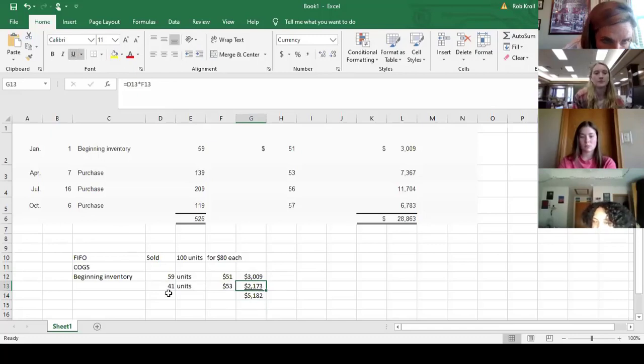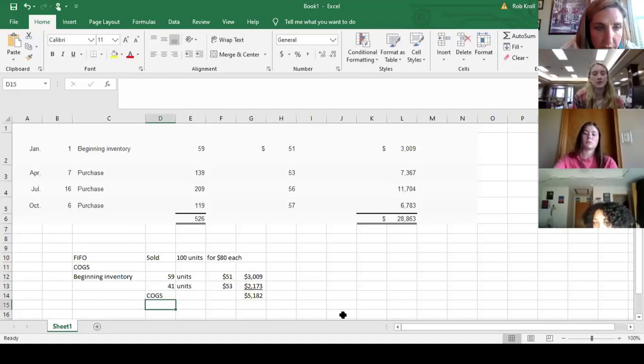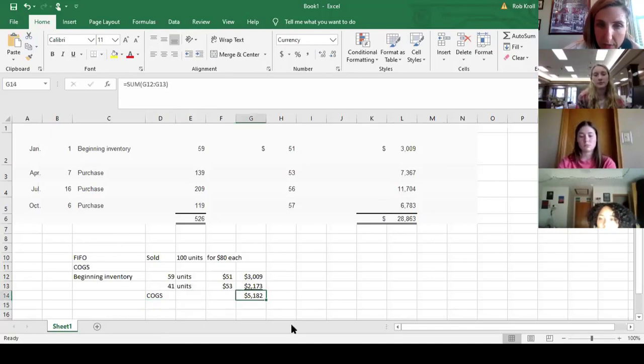So here's a little shortcut for your next answer, but I'm also going to explain it to you. If they ask you to fill in ending inventory, remember that first slide, that this all has to balance? If I know all of my inventory was worth $28,860, what should be left over is just that $28,860 minus the $5,182, right?